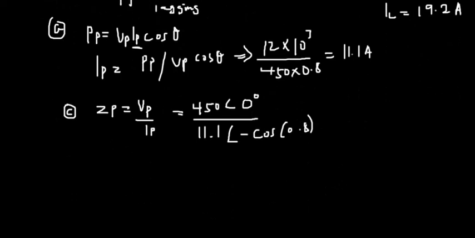When you compute 450 angle 0 degrees divided by 11.1 angle of minus cos inverse 0.8, you end up with 40.5 at an angle of 36.9 degrees. This is because we have a lagging power factor.